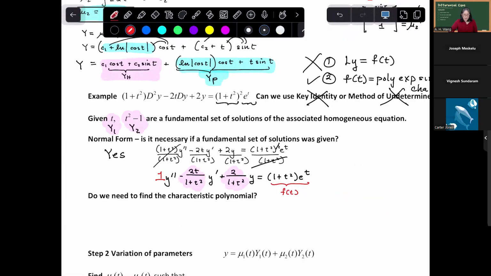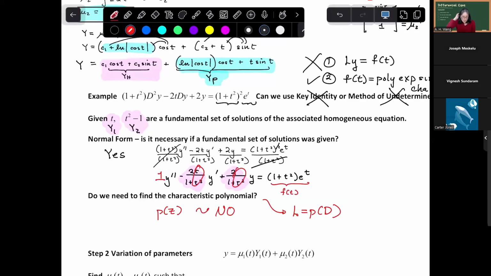Now, do you need to find the characteristic polynomial P of z? No, because the characteristic polynomial P of z is only necessary to get your L. The L would be P of D, but do you see that this is not even constant?